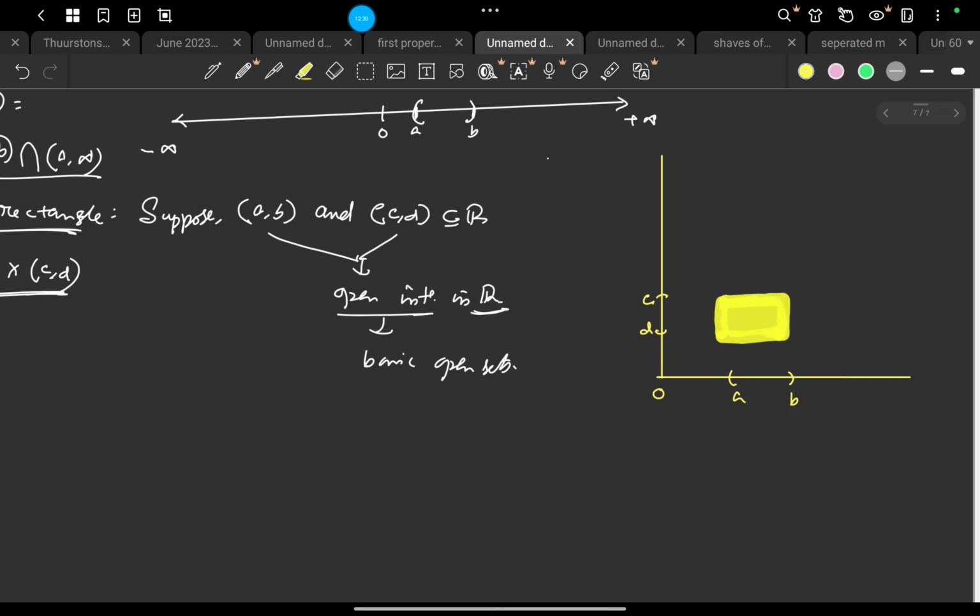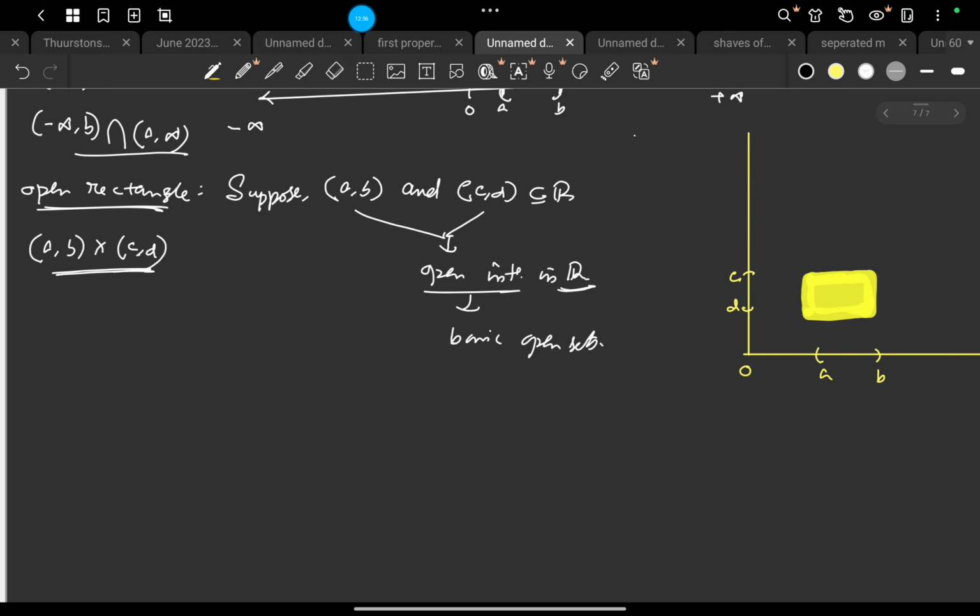I'm just excluding their respective boundaries. So this should look something like that. So this is said to be an open rectangle.